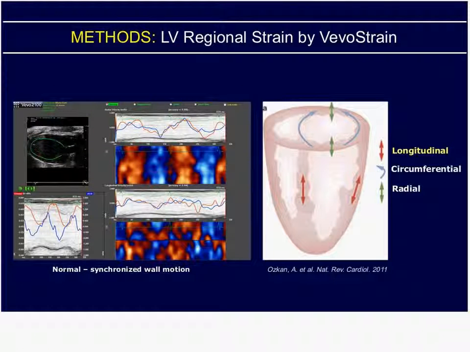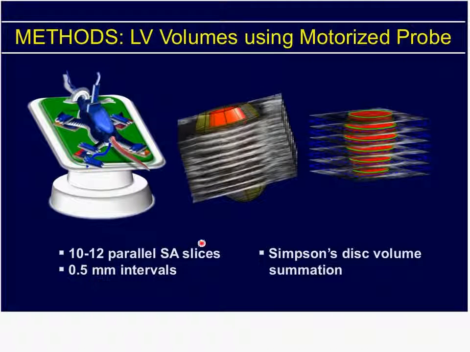We've done that in essence because we've invested so much in the mice at this point in time that it only makes sense to spend an equal amount of effort on the analysis. So by Simpson's disk volume summation, we can figure out our LV volumes as well as the volume of the muscle mass.